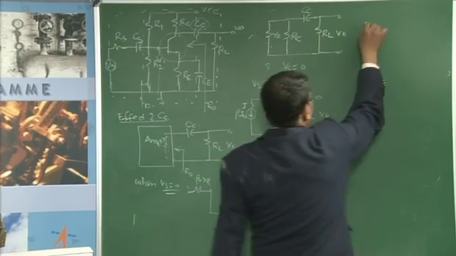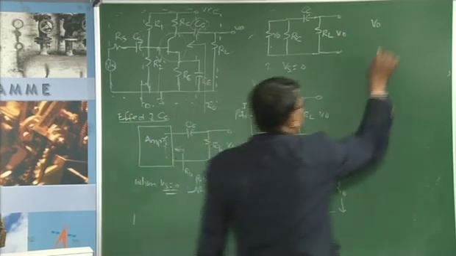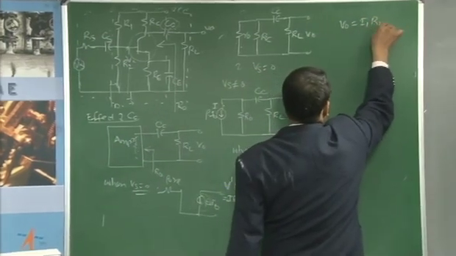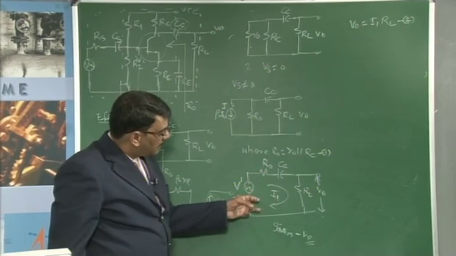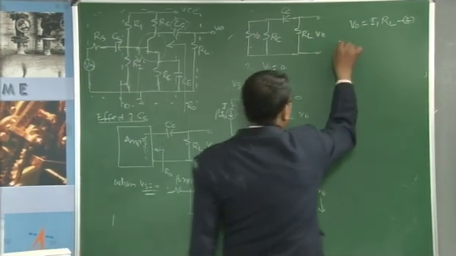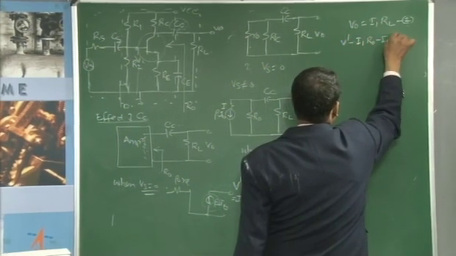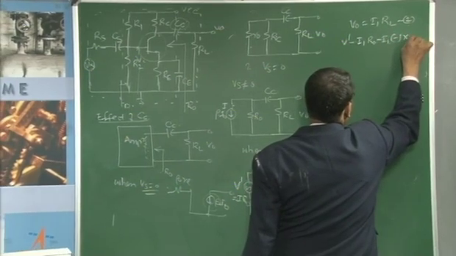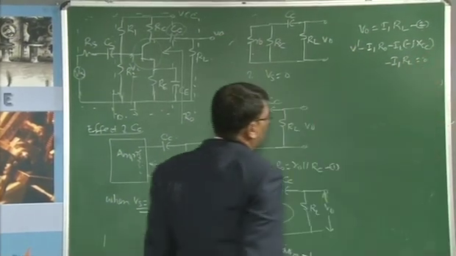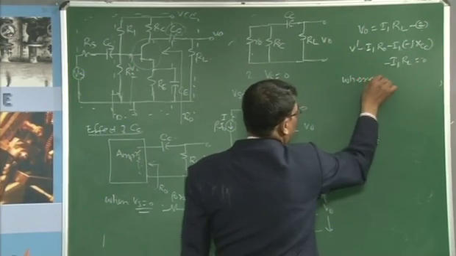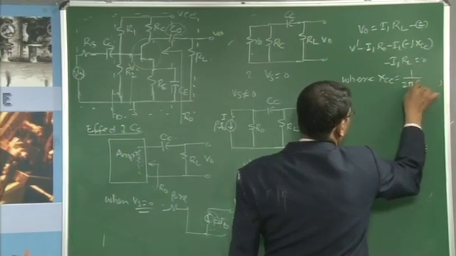For this, V naught is equal to I1 into RL, where I1 is the current flowing through the circuit, determined by applying KVL. Then we get V dash minus I1 into R naught minus I1 into minus jX CC minus I1 into RL equal to 0, where XCC, the reactance of the coupling capacitor, is given by 1 by 2 pi f CC.